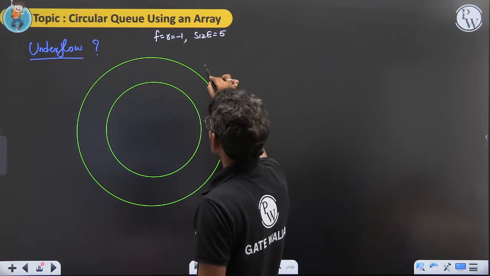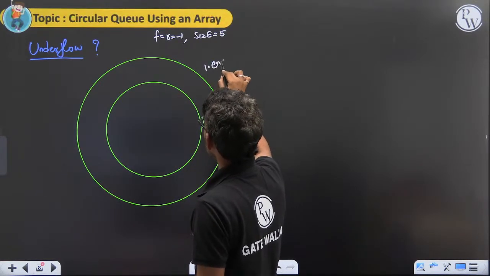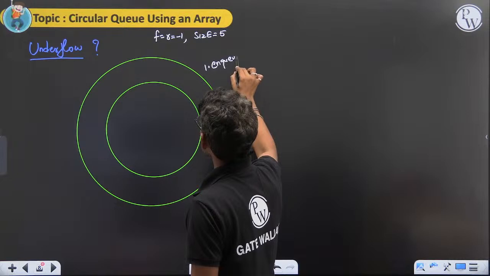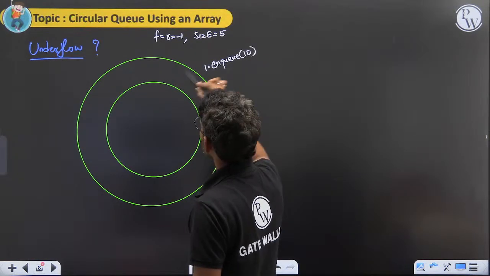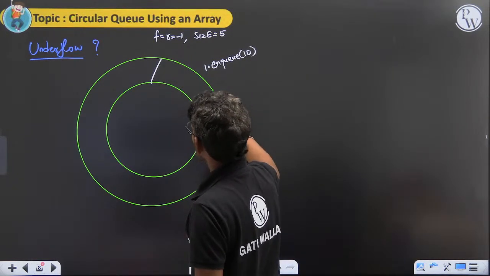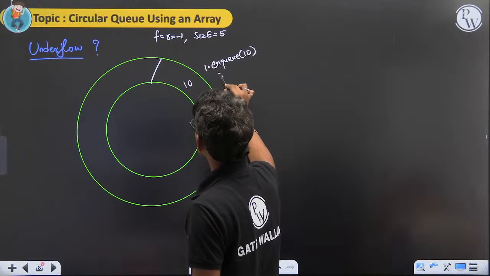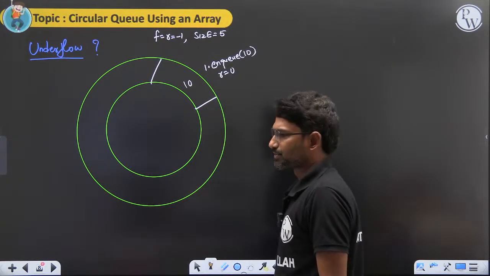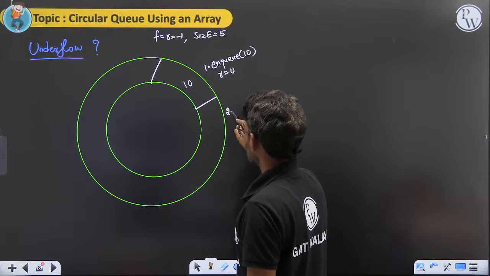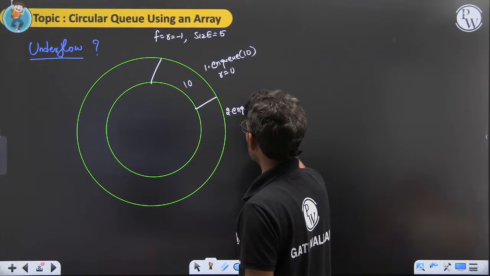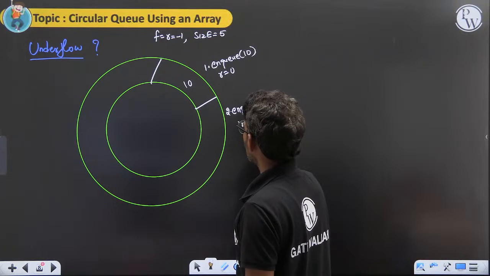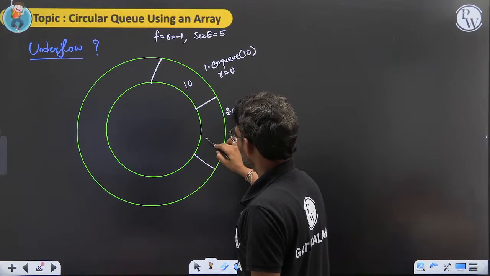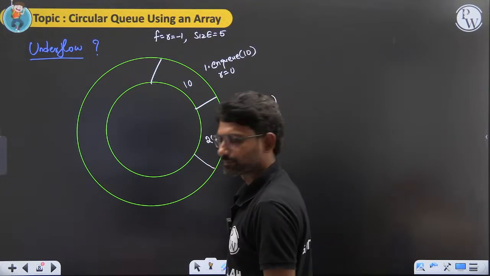Let's say first I am doing enqueue of 10. We know rear will be 0, and 10 is inserted. Then I do enqueue 20, rear becomes 1, 20 is inserted.